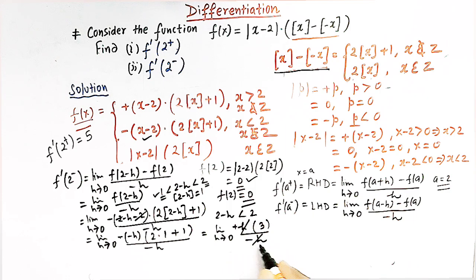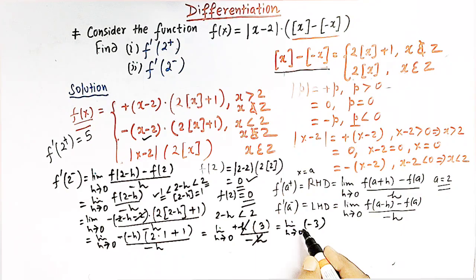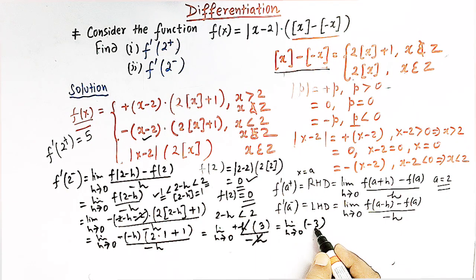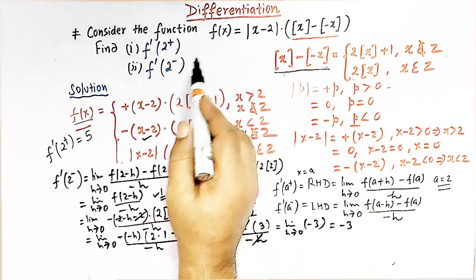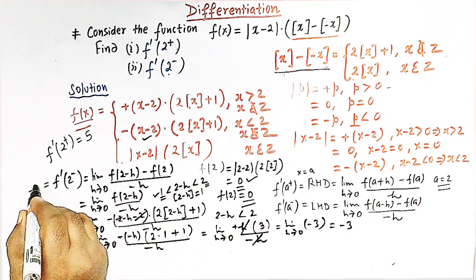Now this h and this h get cancelled, so we have limit h tends to 0, and here we have minus 3. So now we can omit this limit notation, because minus 3 is independent of h. So we have simply minus 3, right? So the value of the left hand derivative of f of x at this point 2 is equal to minus 3.